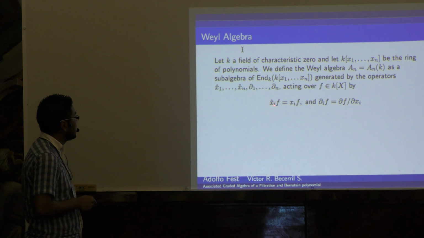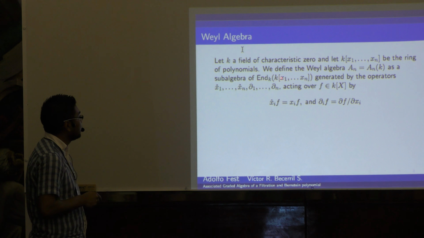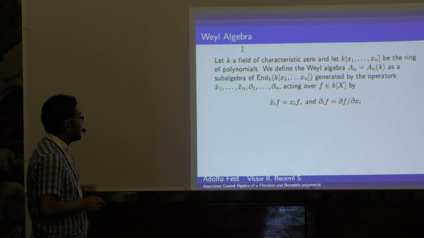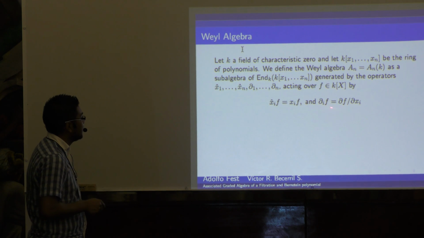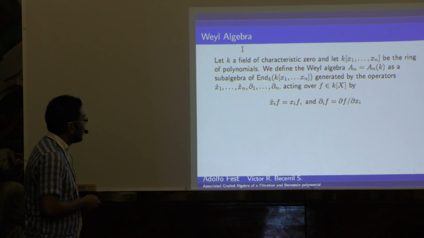The x only multiplies by the monomial, and the partial delta takes the derivative.